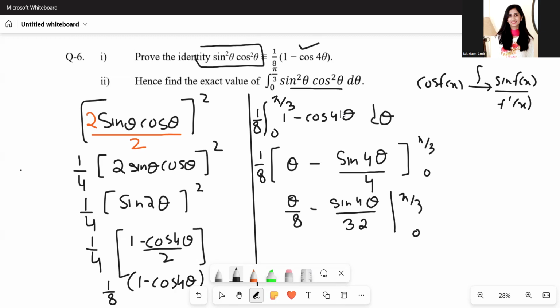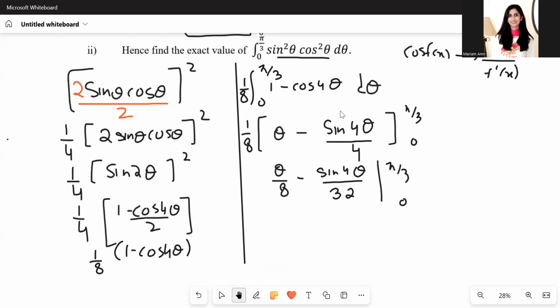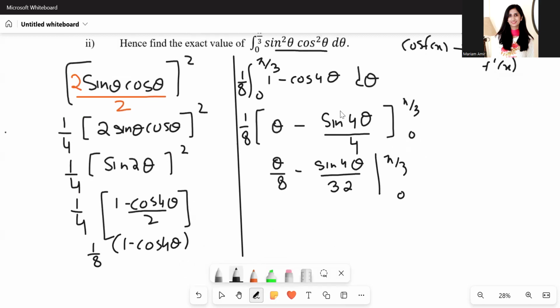Now let's substitute the limits, π/3 first and then 0. When we substitute π/3, we get π/24 here, and then minus sin 4π/3. What is that?